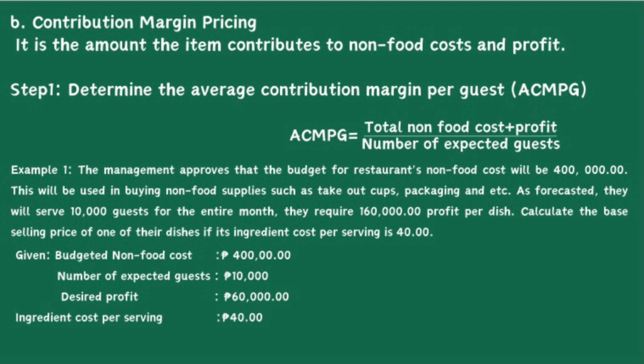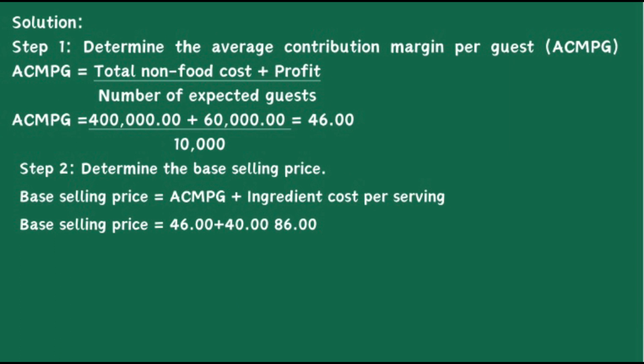Given: budgeted non-food cost 400,000, number of expected guests 10,000, desired profit 60,000, ingredient cost per serving 40 pesos. Solution. Step 1, determine the average contribution margin per guest.